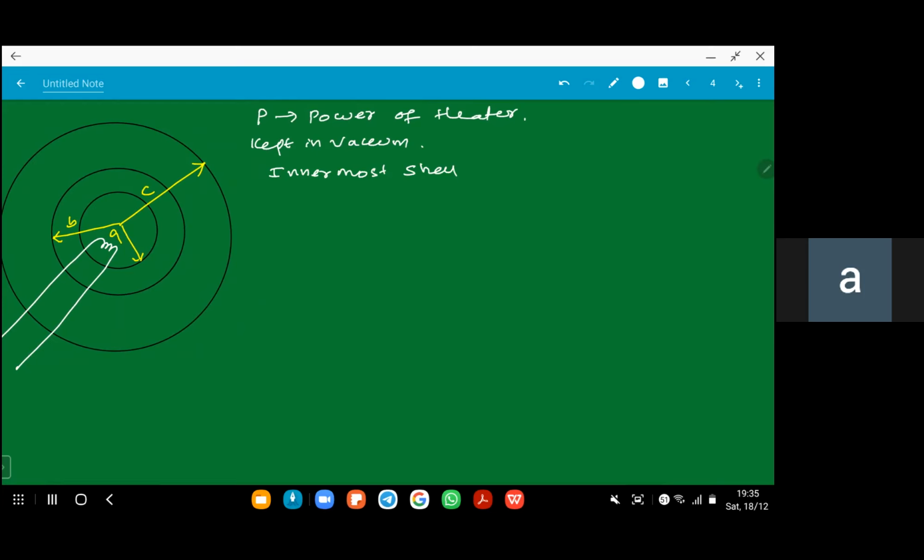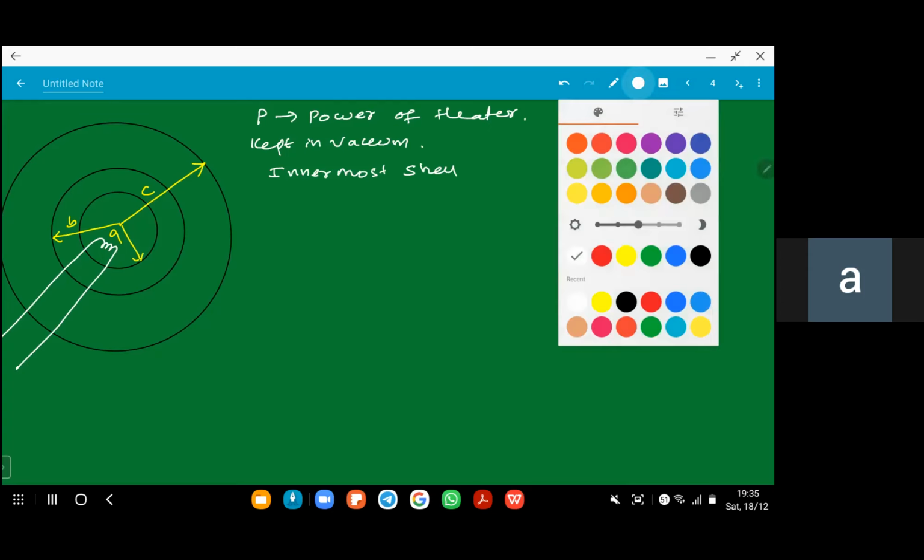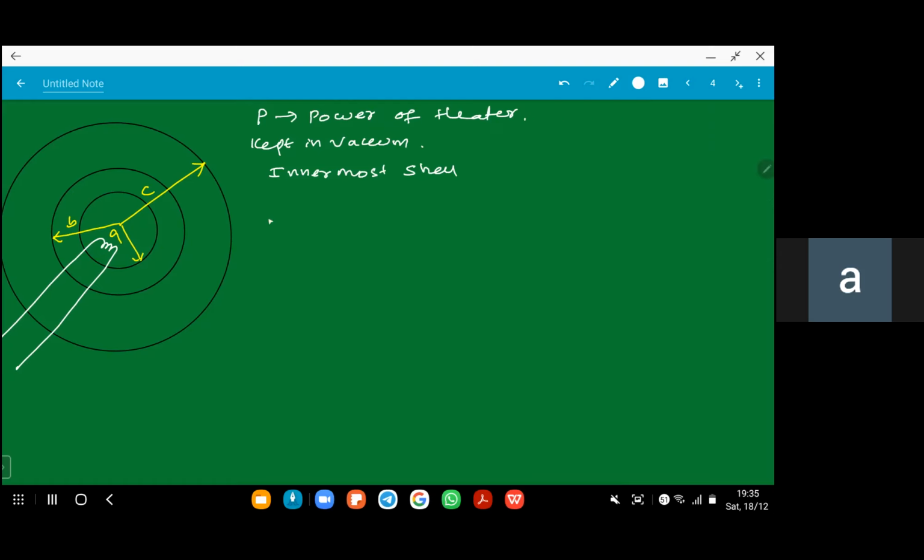You understood by this time what is happening over here. See, what is received by A? Received, I will write on the left hand side. Delivered or emitted, that I'll write on the right hand side. You are receiving power P from the coil.